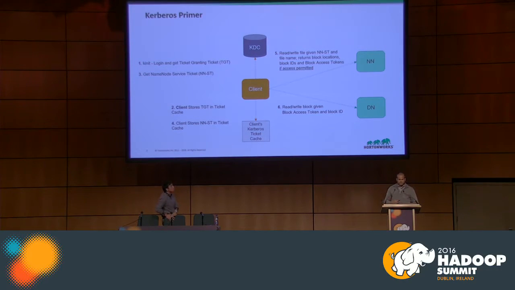Because in this example I'm talking about name node and data node, we're talking about block access tokens. Delegation tokens are not issued by Kerberos. They are tokens based on a symmetric key issued by HDFS, so that you don't have to go to the Kerberos server so many times.